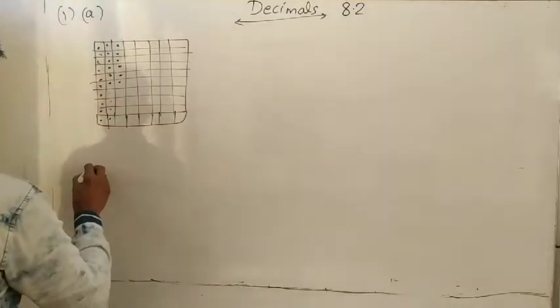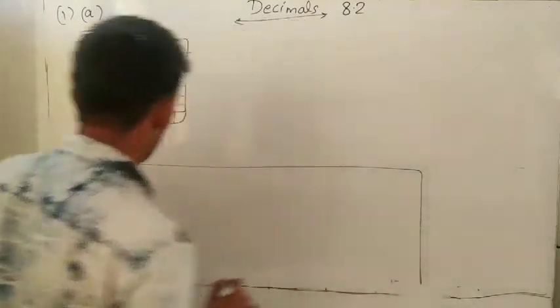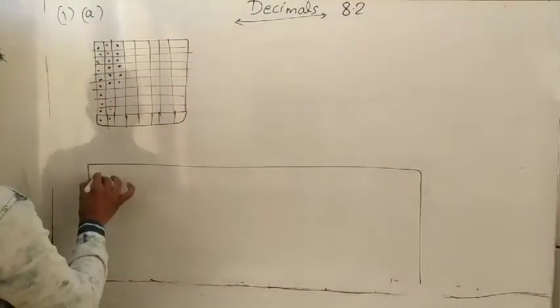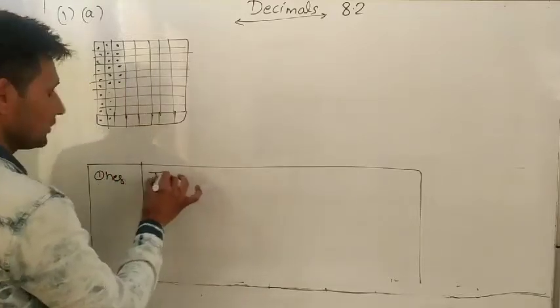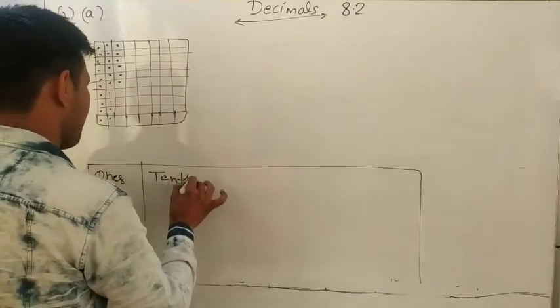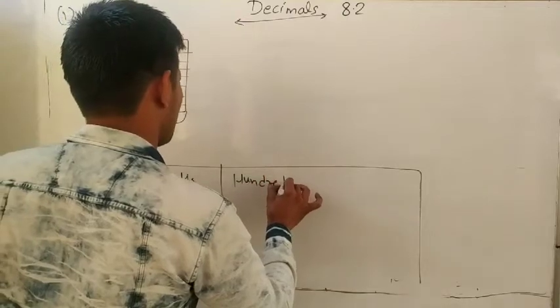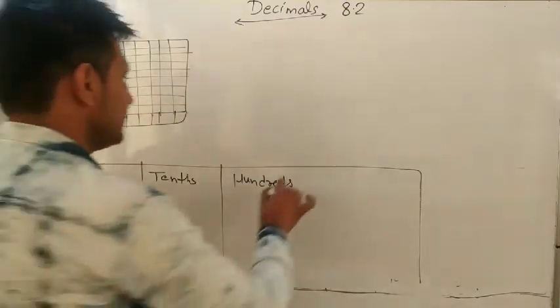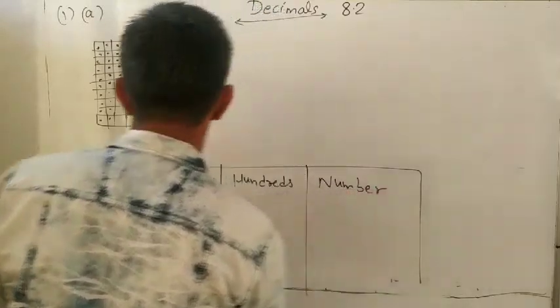I am making the table here: first ones, tenth, and hundredths, and next is the number. So fill this one.